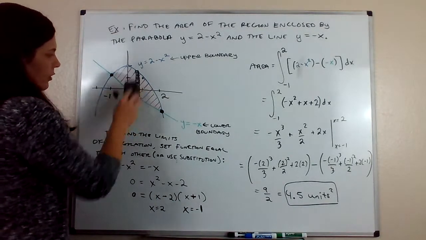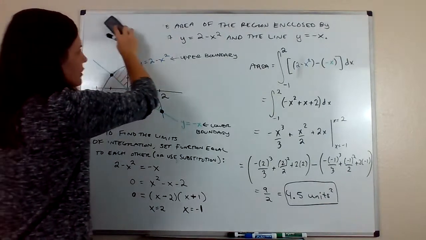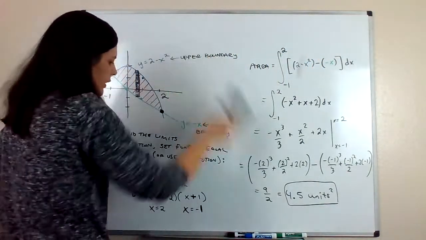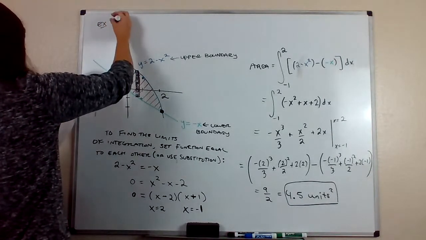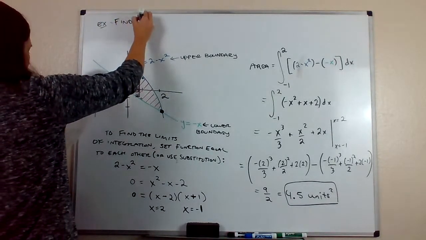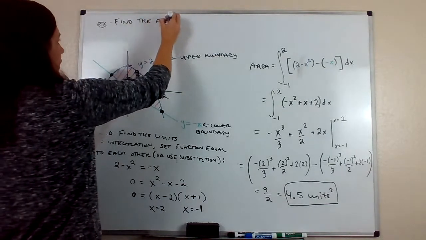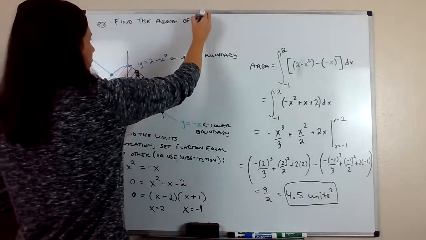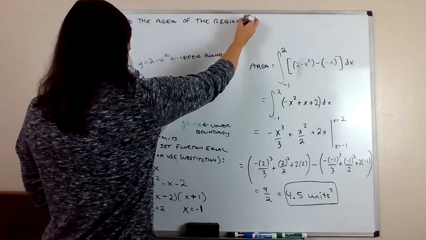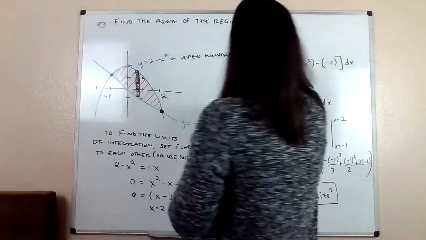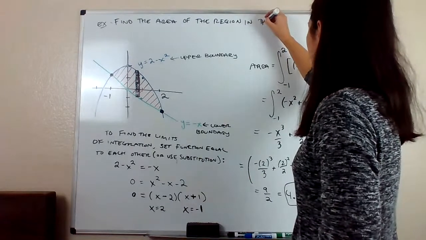I just drew that slice, but I'm going to go ahead and start erasing. So let's see. We're going to find the area of the region, and this is going to be in the first quadrant.